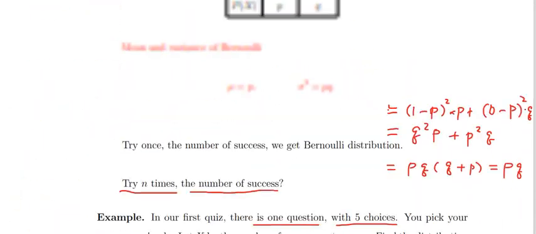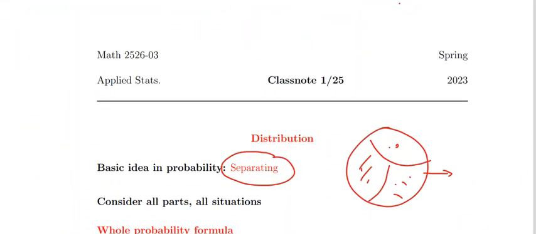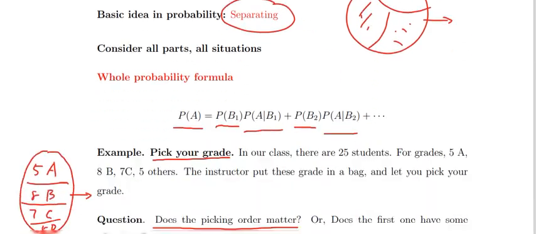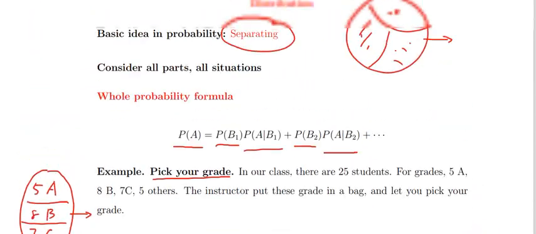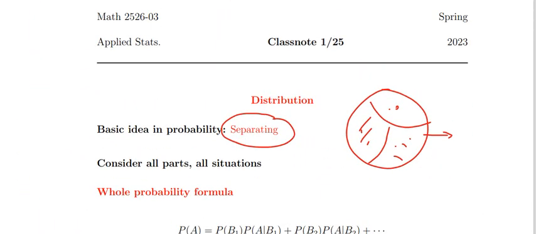Okay, so this is today's class. Today's topic is distribution. What is a distribution? A distribution puts all probabilities together, or all cases together. We can use a table or a formula to represent a distribution.